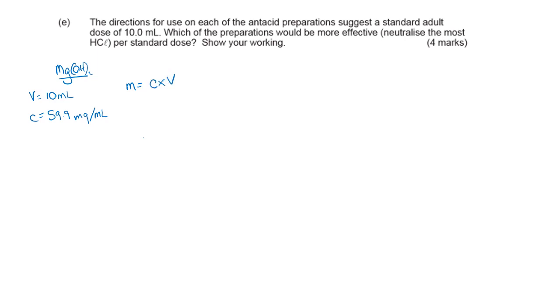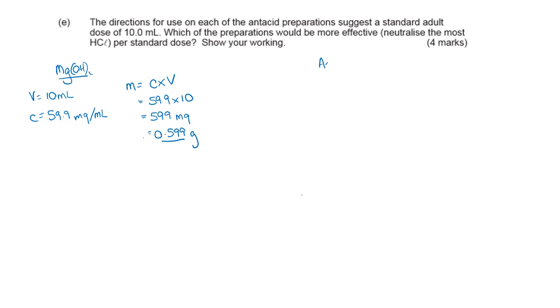You're looking at that going, oh, hang on, it's n equals c times V. But that's when you're using moles per litre as your concentration. You're using mass over volume for this. So it's 59.9, and because it's milligrams per mil, we can say it's 10. We don't have to convert our volume this time. So that's 599 milligrams, which is 0.599 grams.